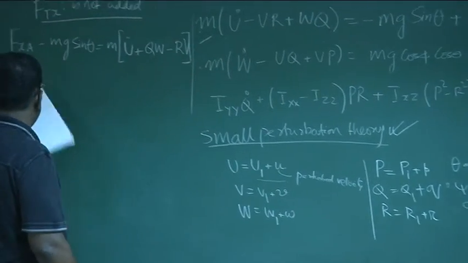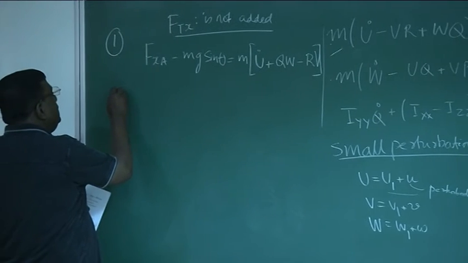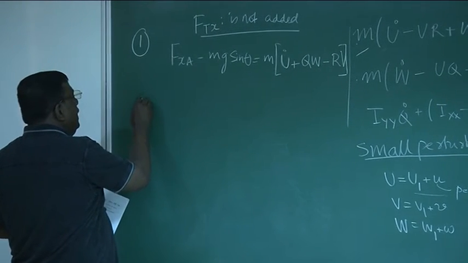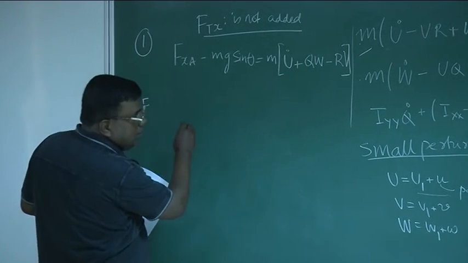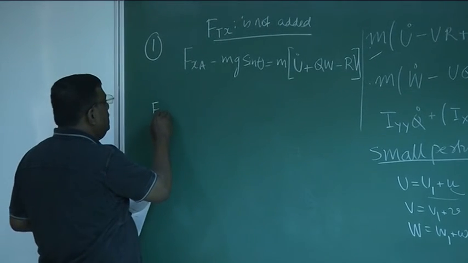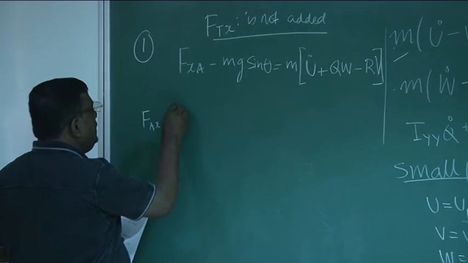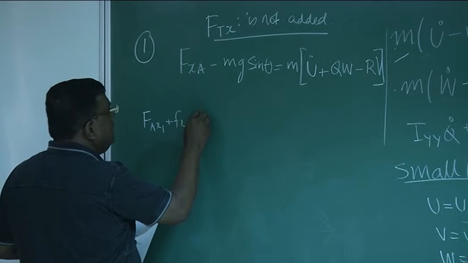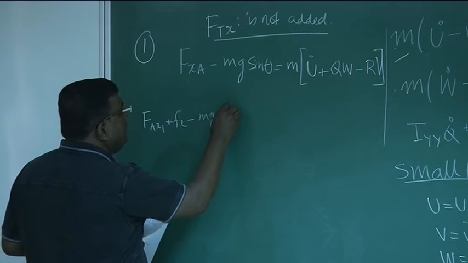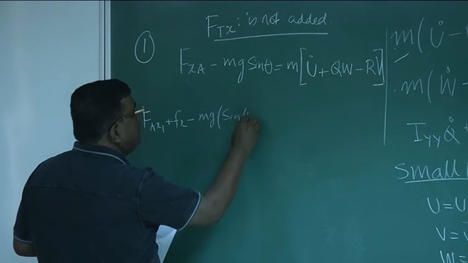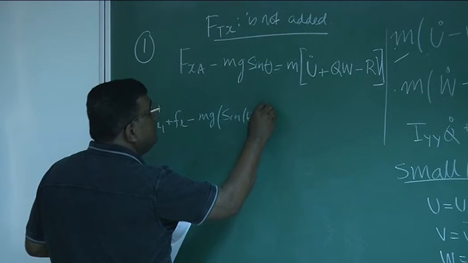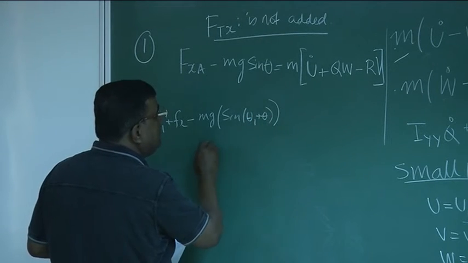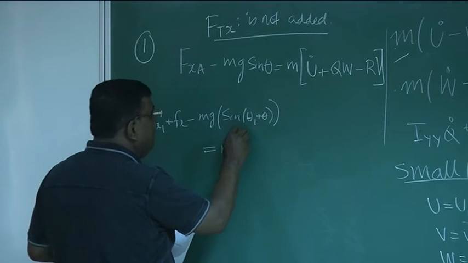Now you see, I will just substitute here. For fax, I will write fax1 plus fx, minus mg, and for sine theta, I will write sine of theta 1 plus theta. Very mechanical. Don't get upset with so many terms. It is very, very simple.